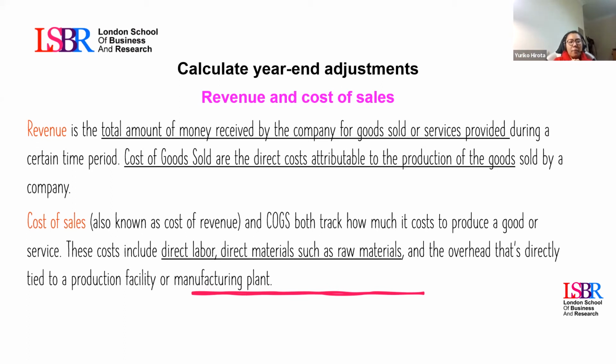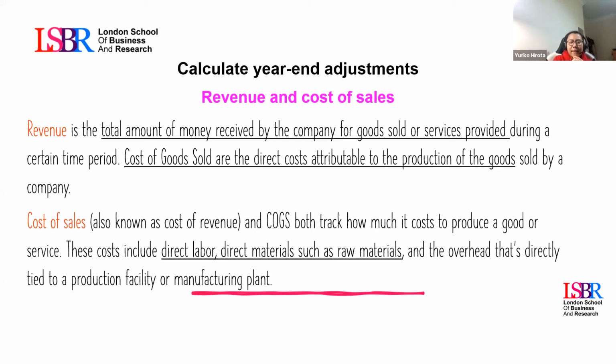Because we are selling a product or a service, the company has the cost of that product or service, and the gap between the cost and the revenue is the profit that the company is generating.